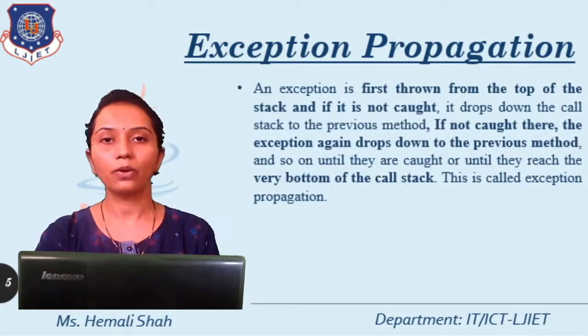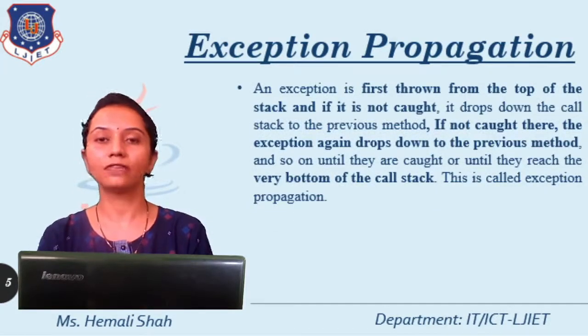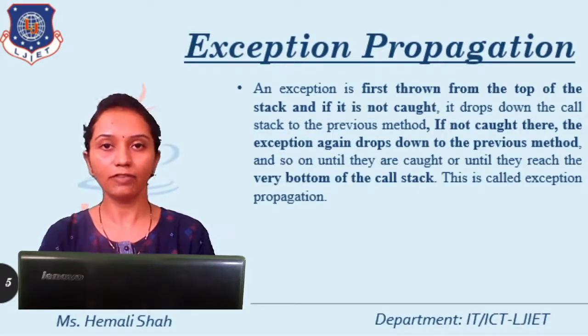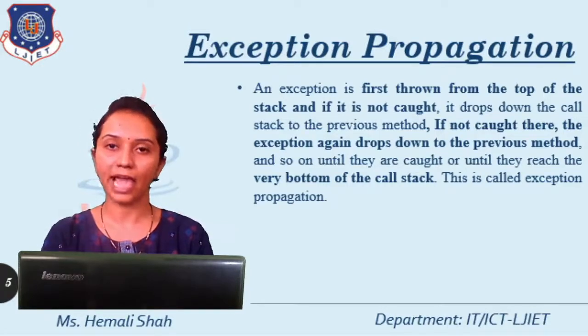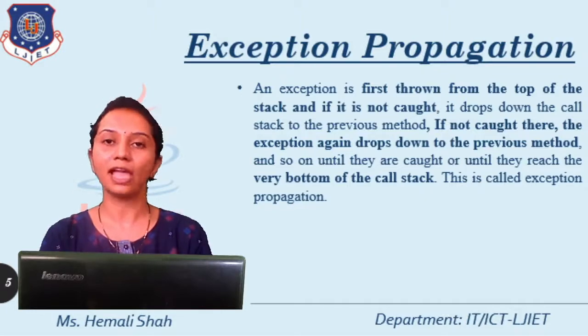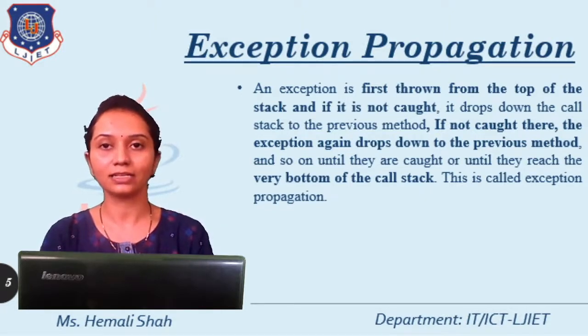Error propagation means an exception is first thrown from the top of the stack, and if it is not caught, that means if you are not writing the catch block or your catch block does not match the actual error, in that case it drops down the call stack to the previous method.